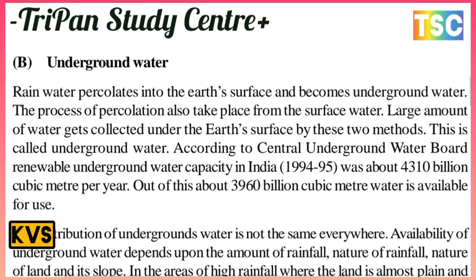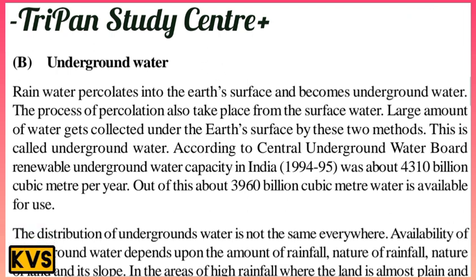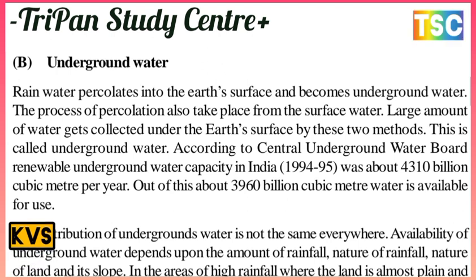According to the Central Ground Water Board, renewable underground water capacity in India is 4,310 million cubic meters per year. Out of this, about 3,960 billion cubic meters of water is available for use.